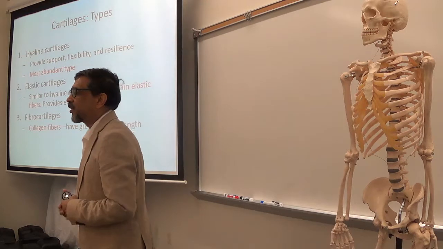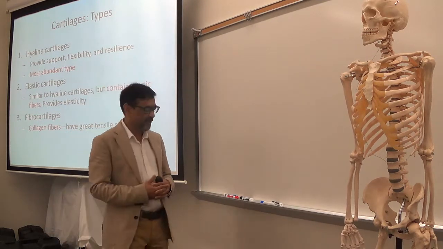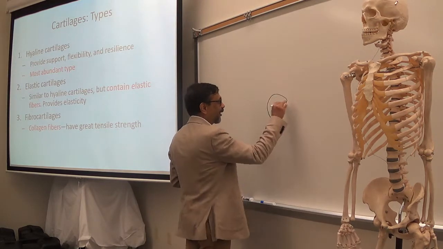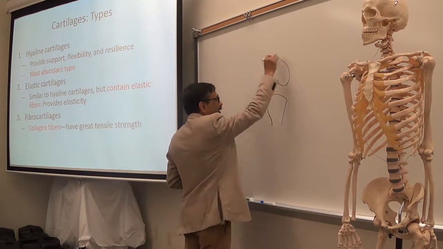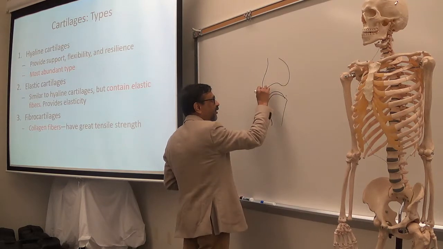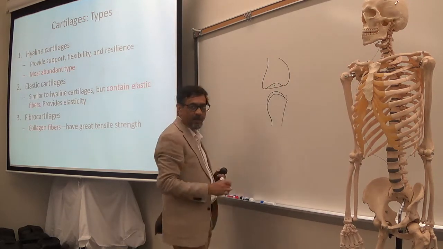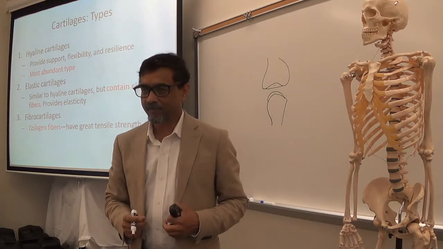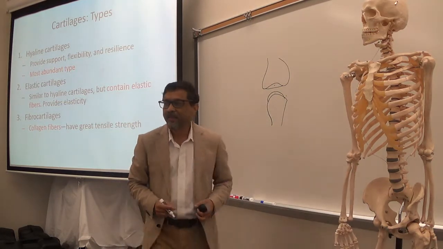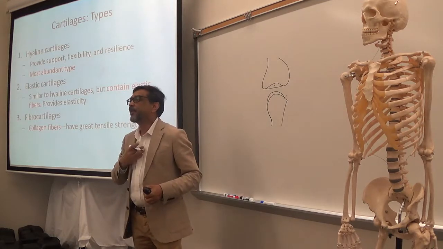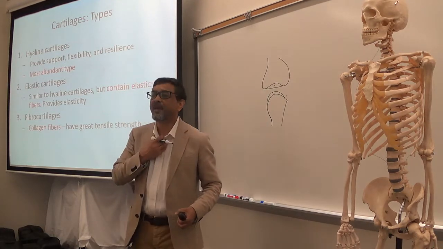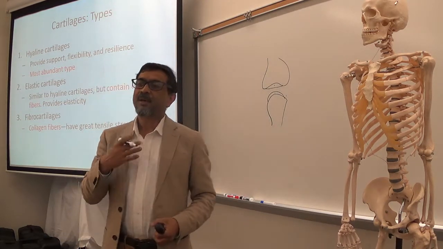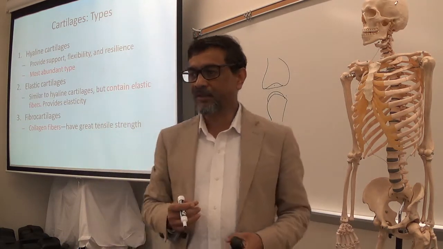Number 2, articular cartilage. You have seen in synovial joint, remember the end of the bones are covered by hyaline cartilage, right? So that is the articular cartilage, which is hyaline. Number 3, respiratory tract. Your trachea, your bronchi, those are formed by hyaline cartilage.